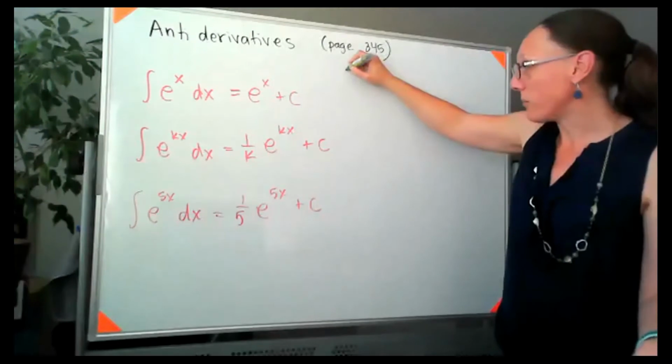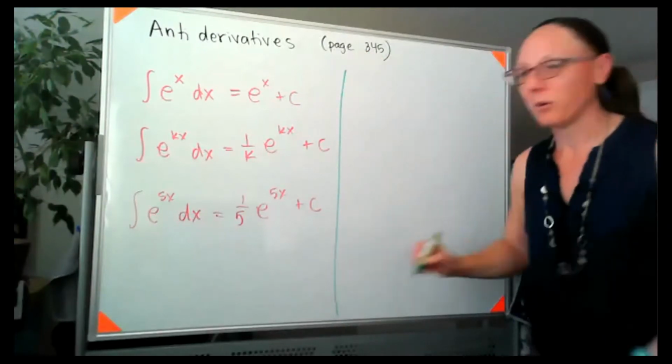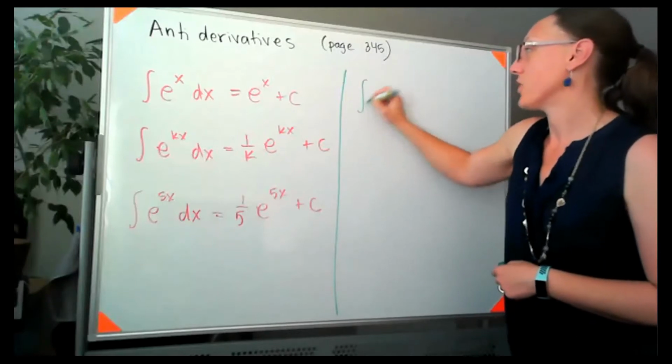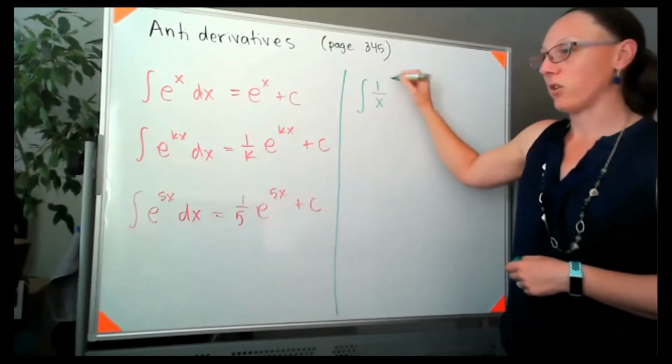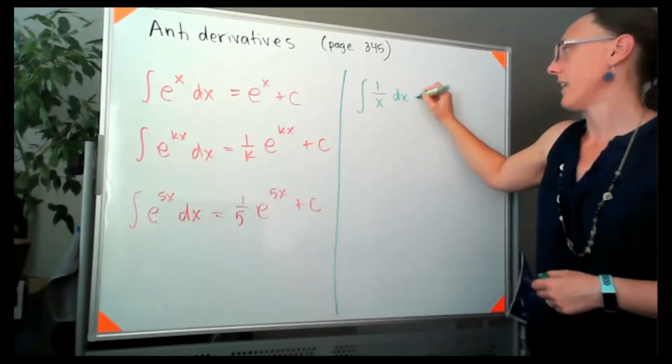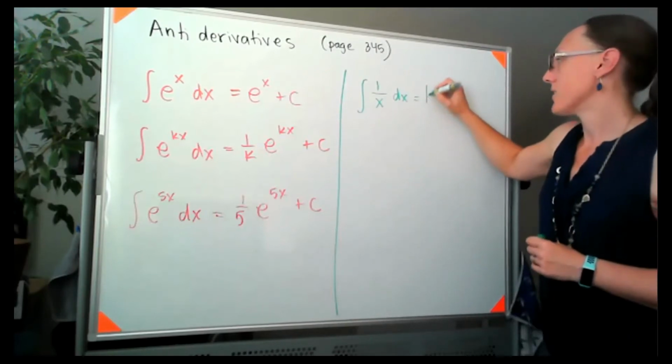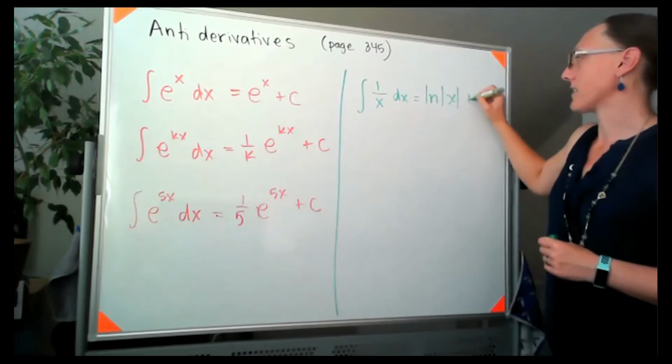What I don't understand in the chart is that they do this for e to the x, but then they totally miss the opportunity to do it with our other functions as well. Here's what I mean by that. The chart lists an integral of 1 over x dx as, again, whose derivative is that? Natural log. So ln absolute value of x plus c.